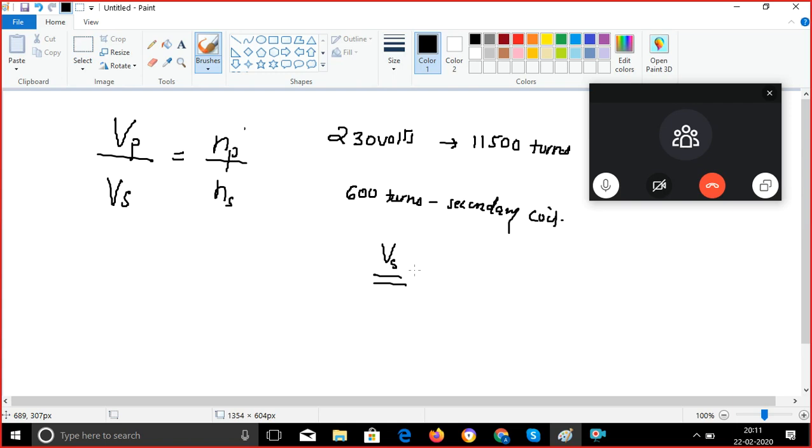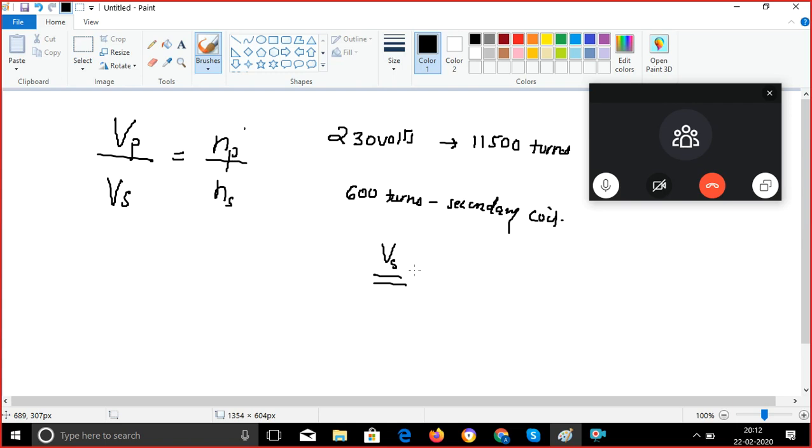The voltage of the primary coil is 230, and the voltage on the secondary is x. The number of turns on the primary coil is 11,500 and on the secondary it's 600.